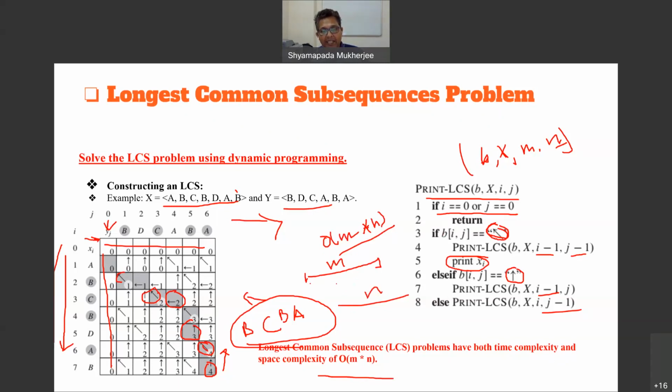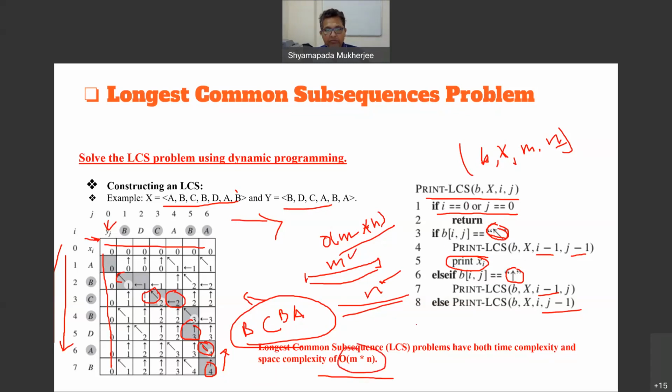So each possible prefix of x will be matched with this one. So there will be m possible prefixes, and each prefix will be matched with all the prefixes of y. So the total time complexity you will be getting is order of m into n.